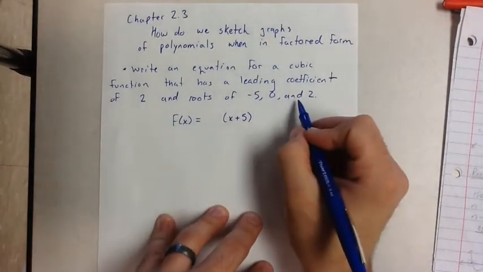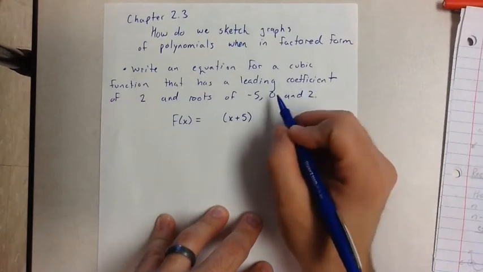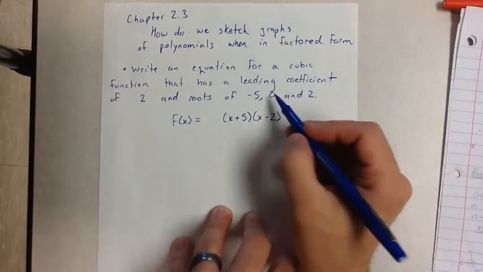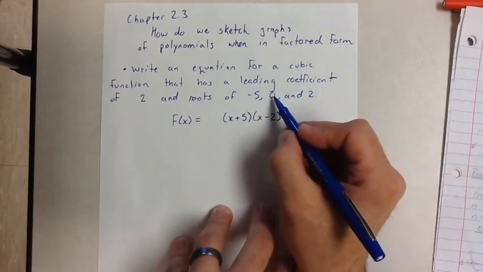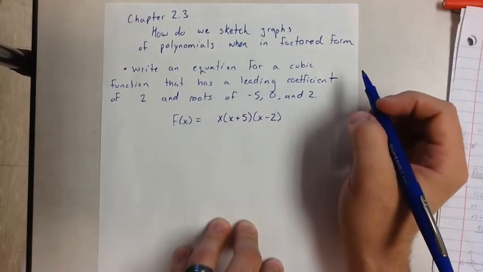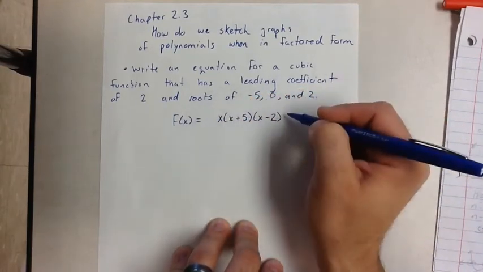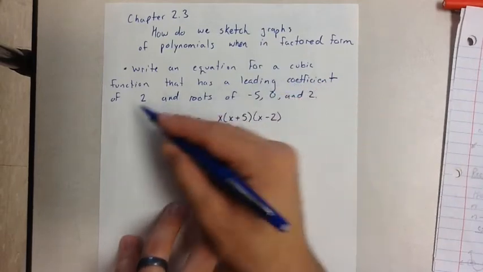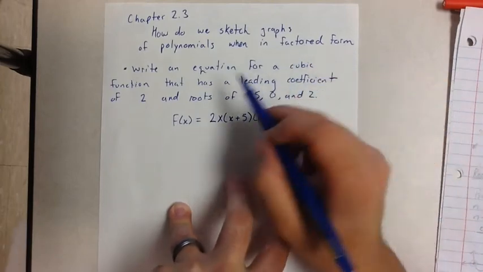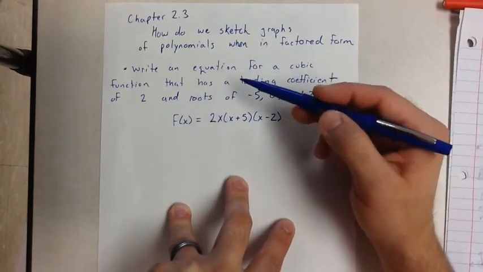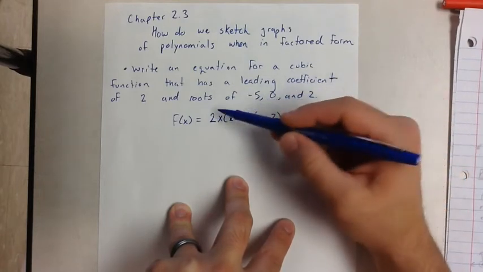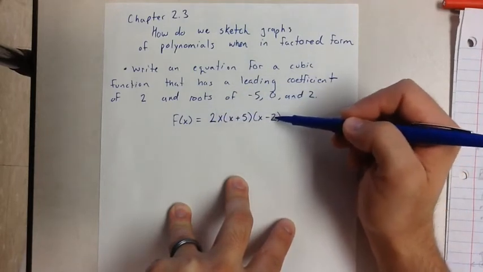And if I have a root of 2, that would have shown up as x minus 2. And a root of 0 gives us a factor of just x. So that would be our function. But we do have a leading coefficient that we have to consider, so our leading coefficient is 2. So a cubic function that has a leading coefficient of 2 with roots of -5, 0, and 2.